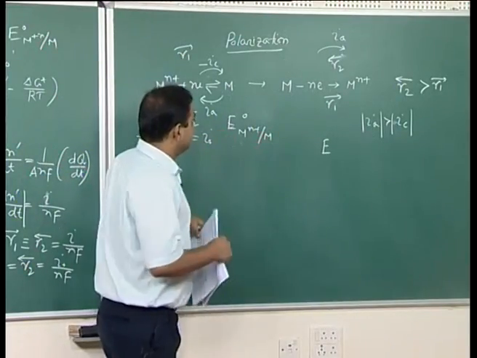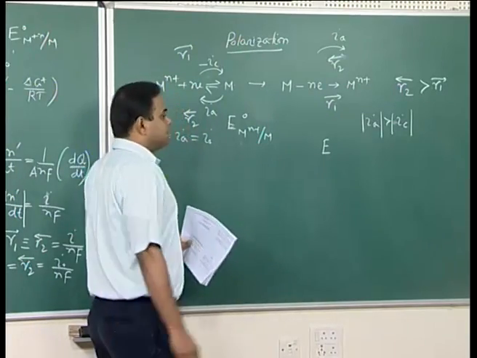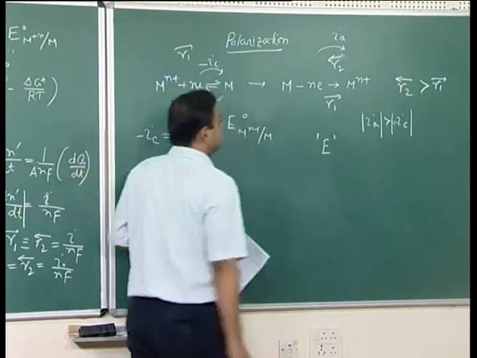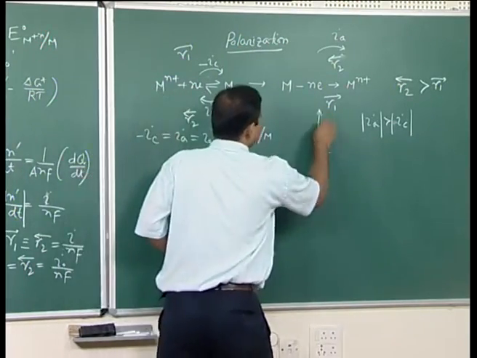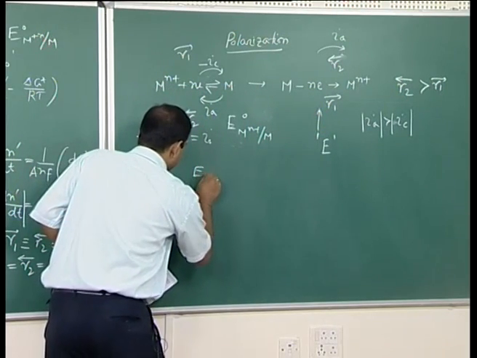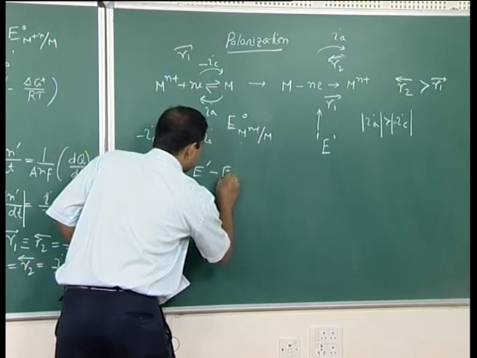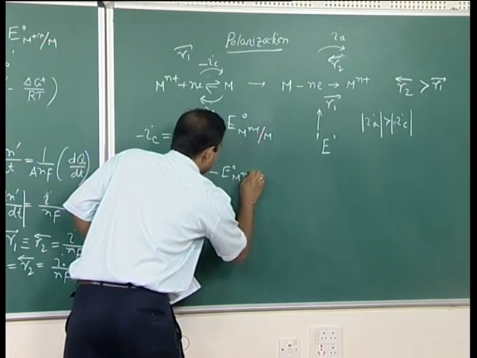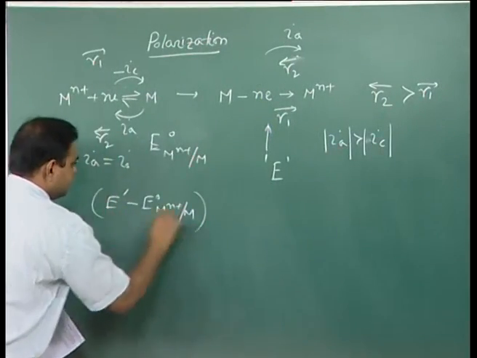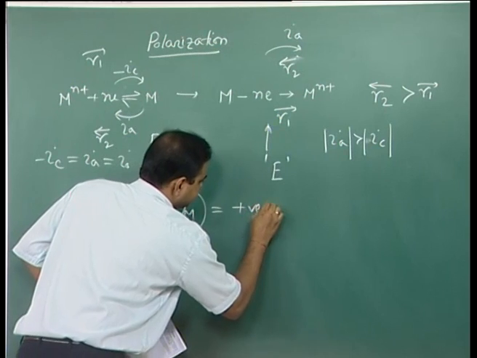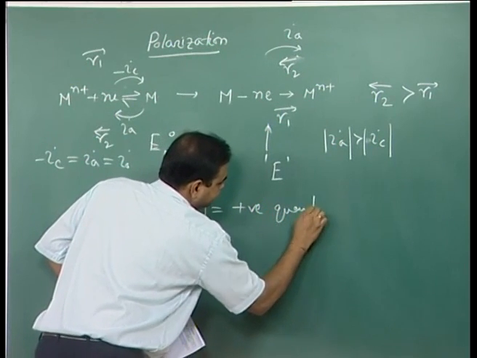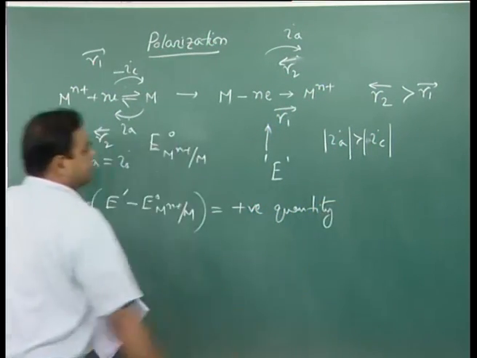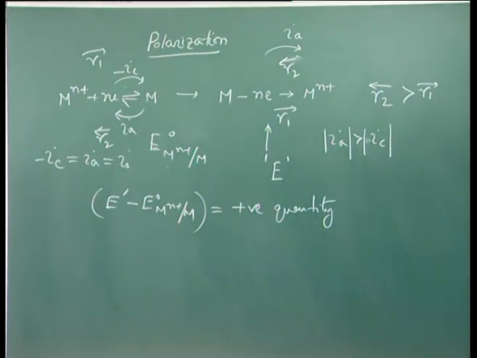Let us say after some time the potential becomes E dash. You will see that E dash minus E0 M n plus m is a positive quantity.